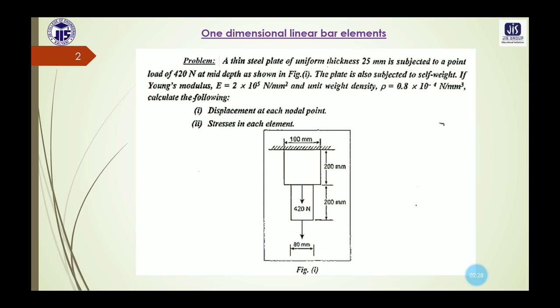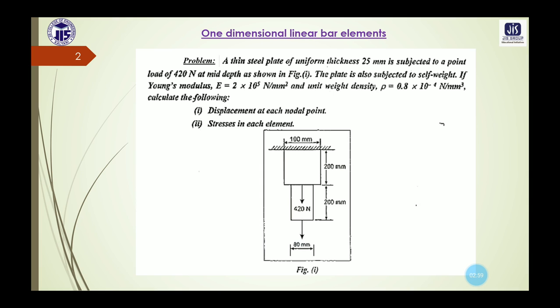So in this diagram we can see that a thin steel plate of uniform thickness 25 mm is given, and a point load of magnitude 420 Newton is acting at the mid depth of the steel plate. Different measurements are given for the steel plate, different length, breadth, all these things.